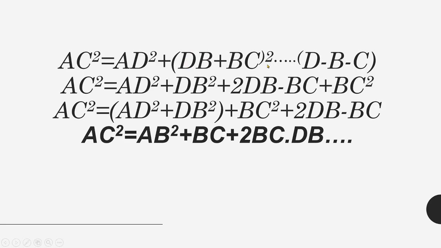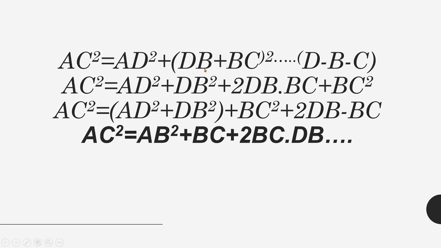Now you have to solve this bracket (A plus B) square using the formula. DB square plus 2 into DB into BC plus BC square.